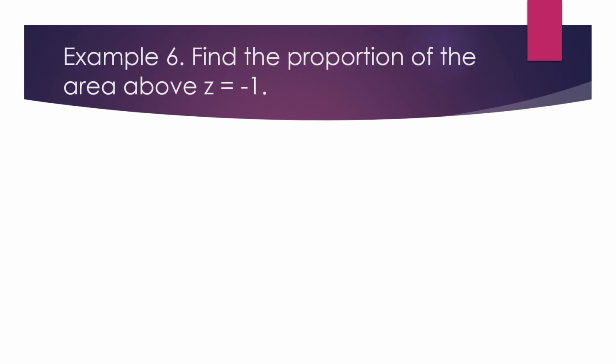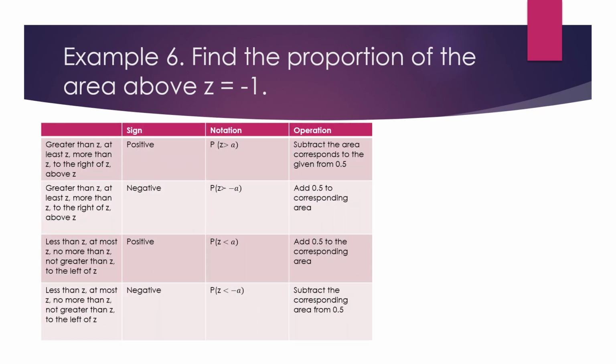Find the proportion of the area above z equals negative 1. In this given, we have to use a certain notation. So we have this table wherein you will encounter terms like greater than z, at least z, more than z, to the right of z, and above z.